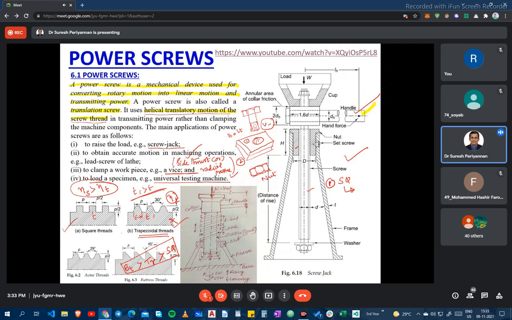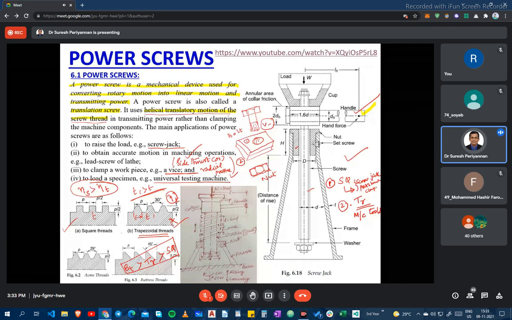Now trapezoidal threads can be used in power transmission devices in machine tools. Especially we can use trapezoidal threads for power transmission in machine tools. Square thread is used in screw jacks, press machines and clamping devices.